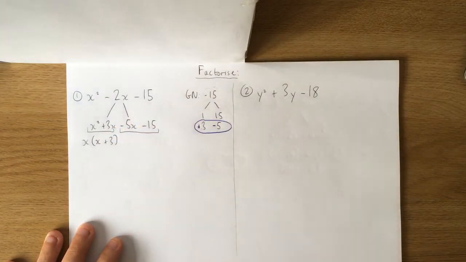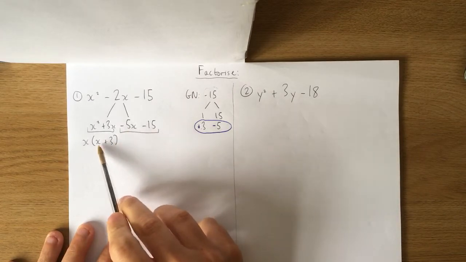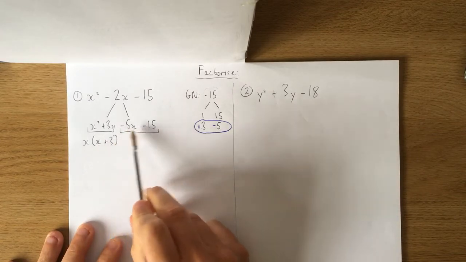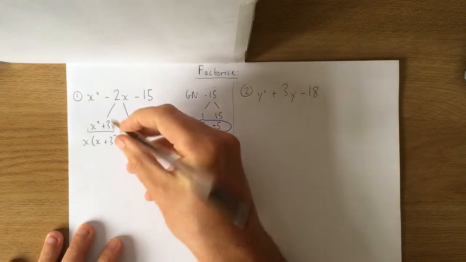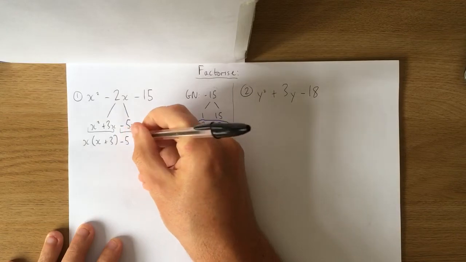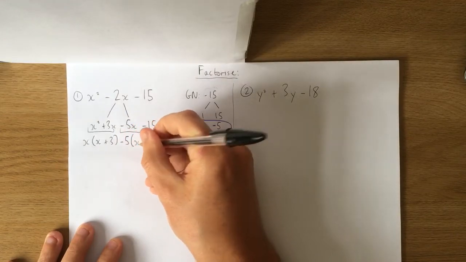Minus 5x minus 15. So I would factorize out, I know I want both of my terms inside the bracket to be positive, so I'm going to factorize out a minus number, and it's going to be minus 5. Minus 5x divided by minus 5 is x.